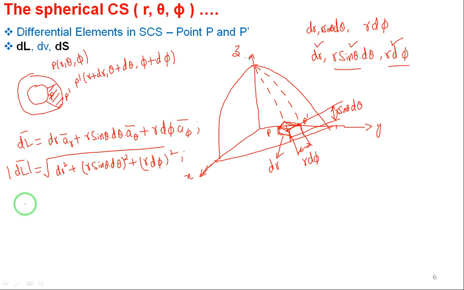The next is differential volume, which is a scalar quantity. Just multiply all three sides, meaning multiply dr into r sin theta d theta into r d phi. I will first multiply the last two, giving r square sin theta dr d theta d phi.